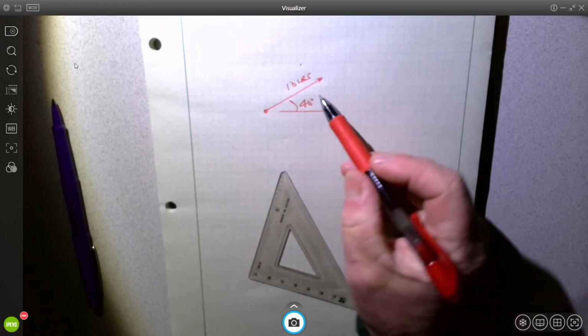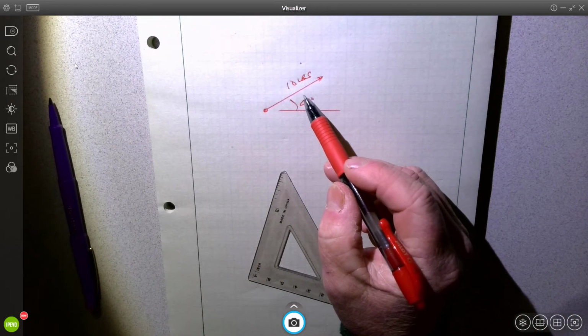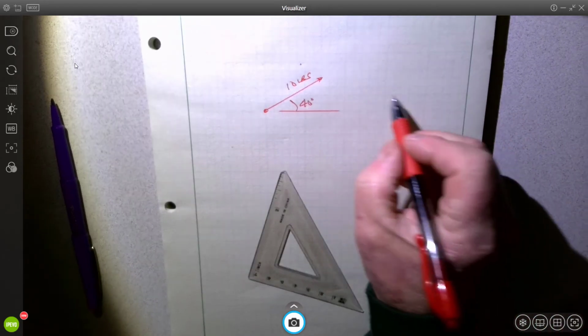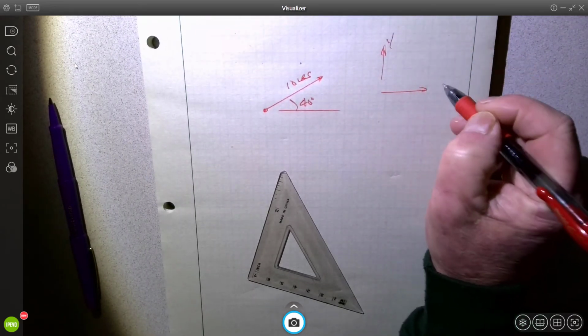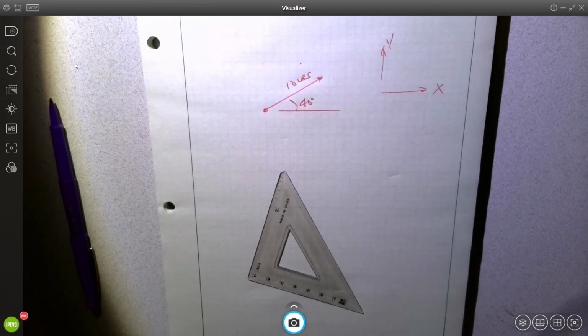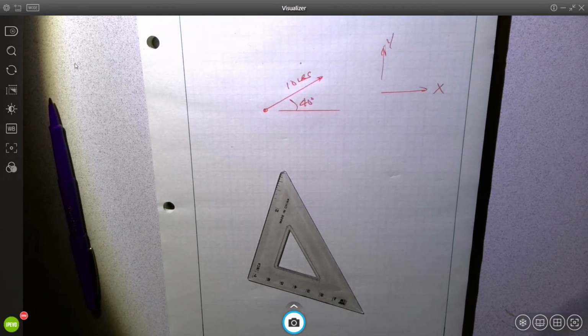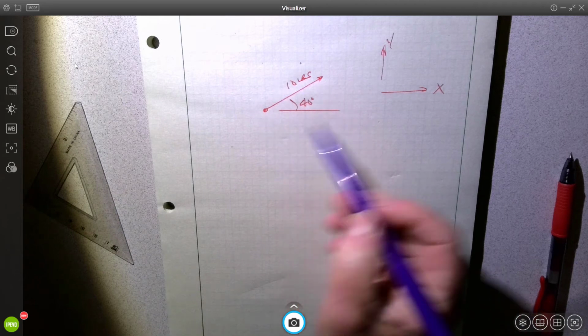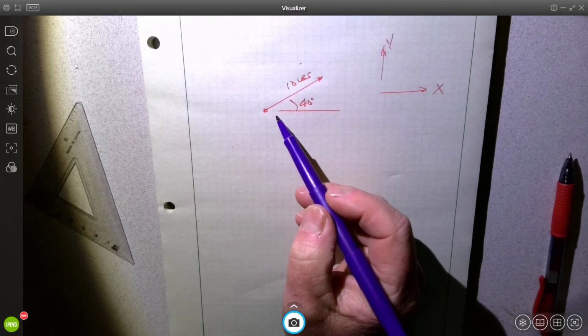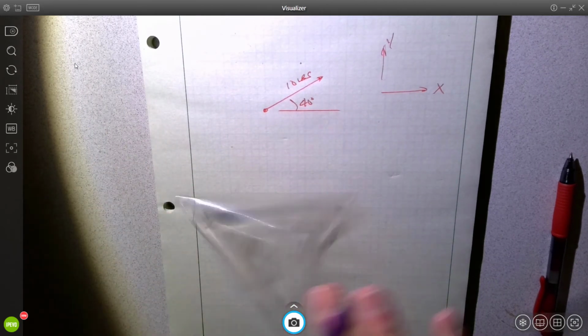And what we need to know when we have forces at an angle is what the effects are in the x and what the effects are in the y. With that information, I can combine forces and learn more about a system. So first thing we have to do is be able to find those forces. Typically, you want a graphical representation of the force, and then you want to draw in the components.